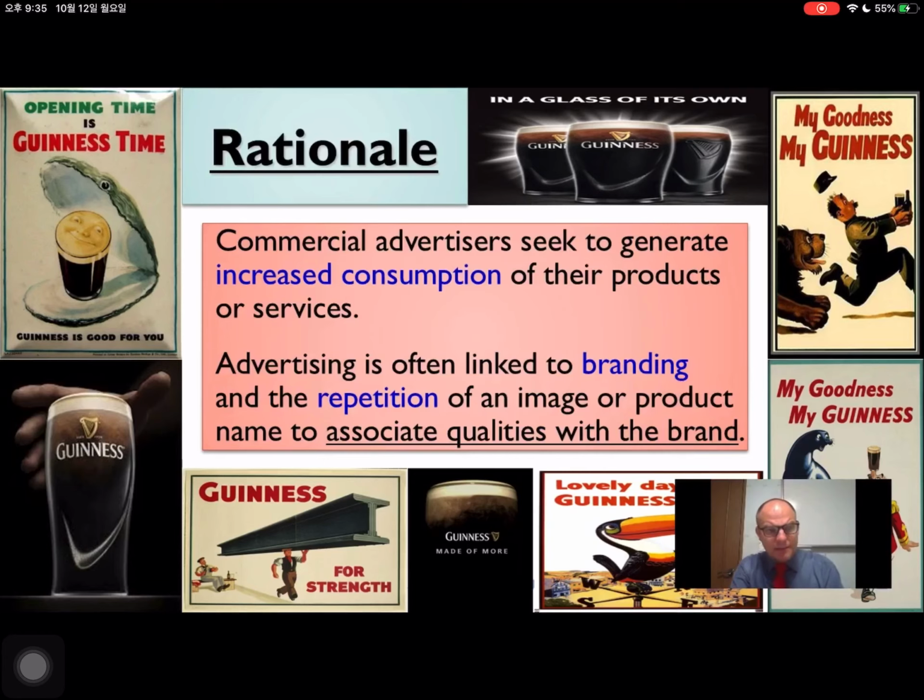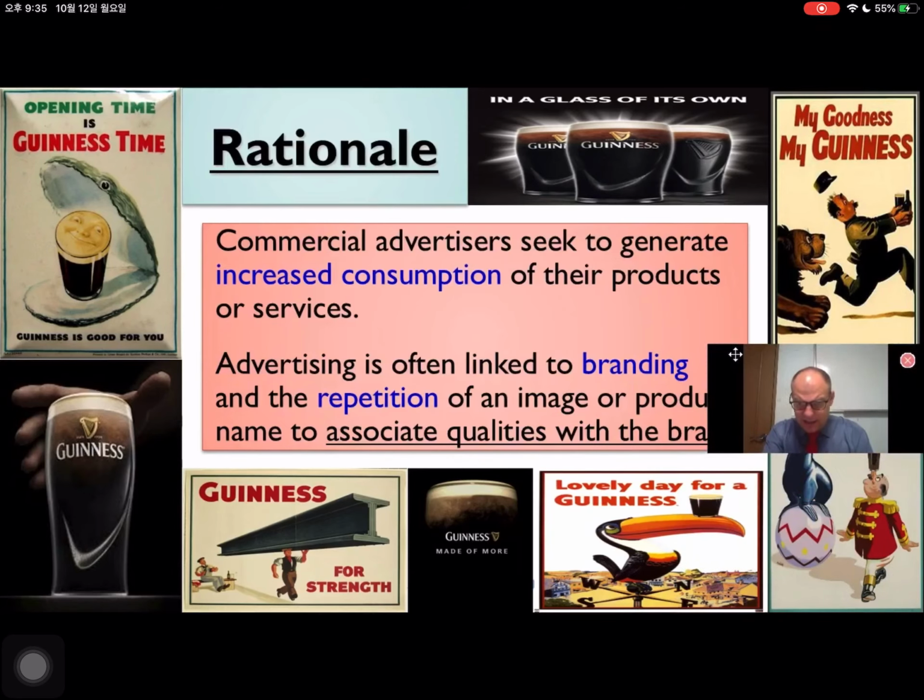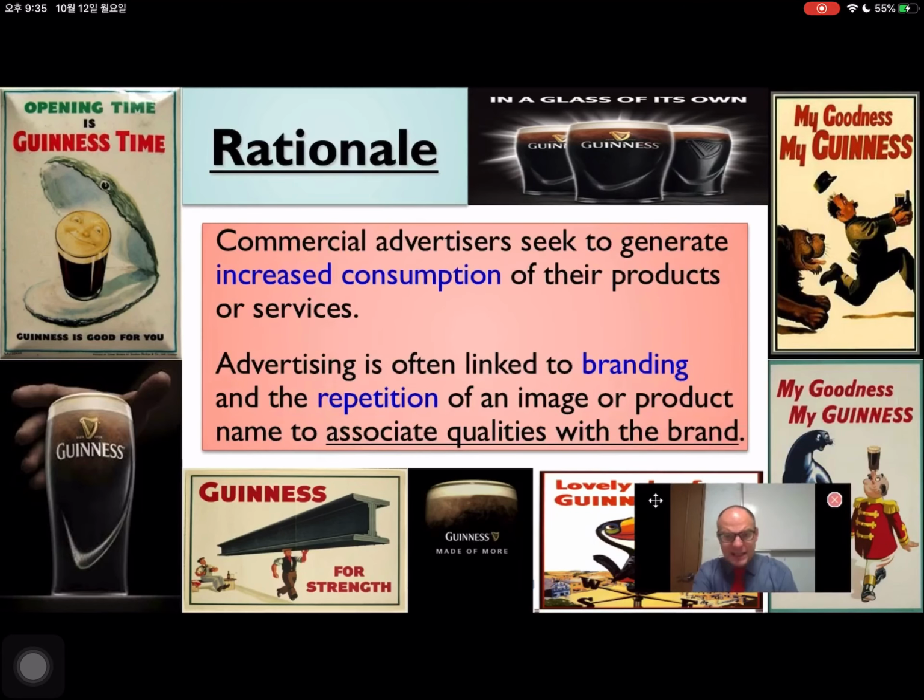But long time ago, they had a reputation of Guinness is good for you, Guinness gives you strength, goodness. Just healthy images, friendly images of Guinness. And they had an image of being very, very healthy and good for you.